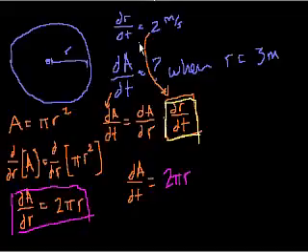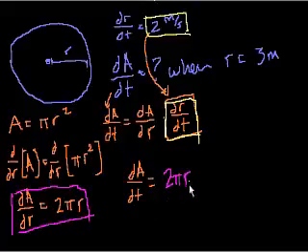That's just right here, 2 meters per second. So 2 pi r times 2, and I won't include the units because that might confuse you right now.